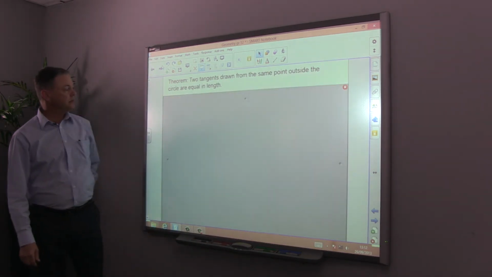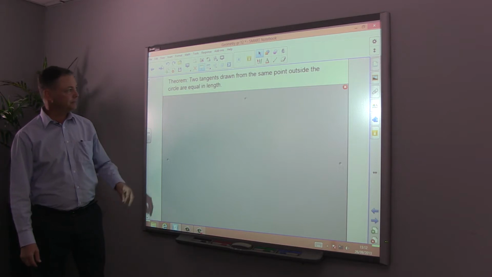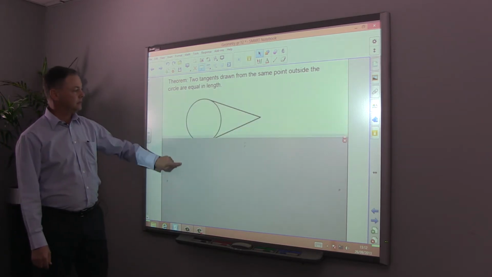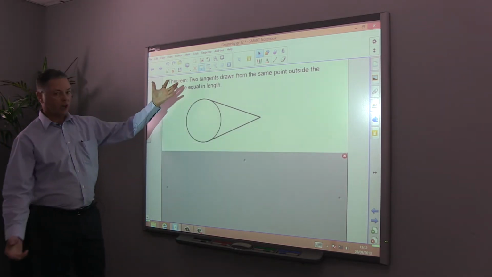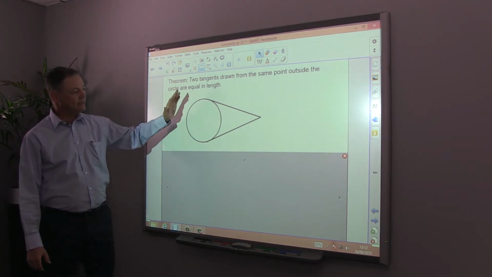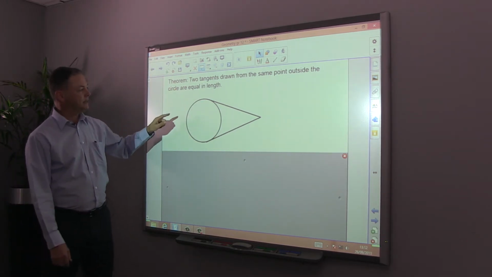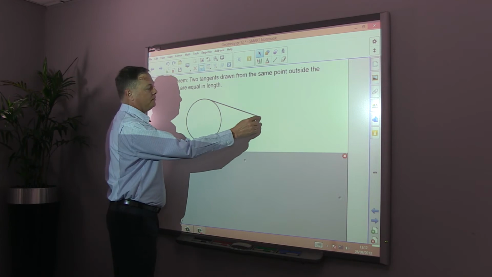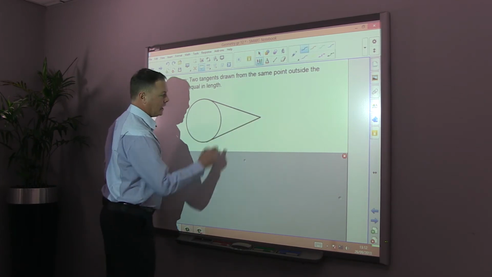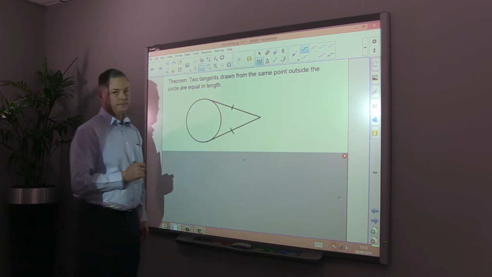All right. Now we get to the tangent theorems. The first one, you can think of an ice cream cone if you like, a dunce's hat. It says that if you draw a tangent from one point and another one from the same point, then these two lines are equal in length.